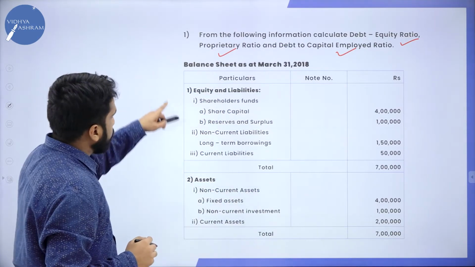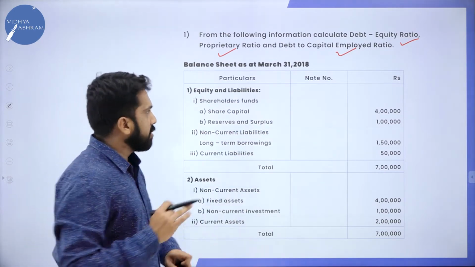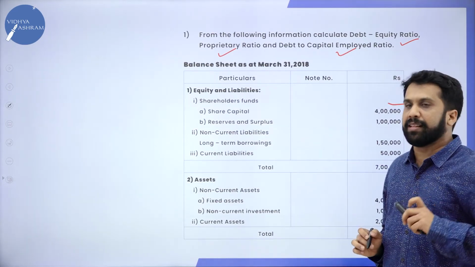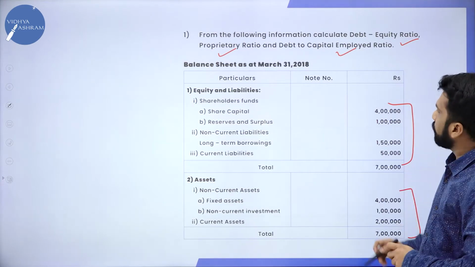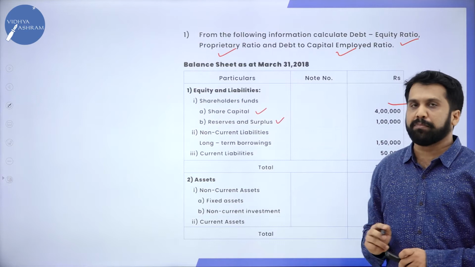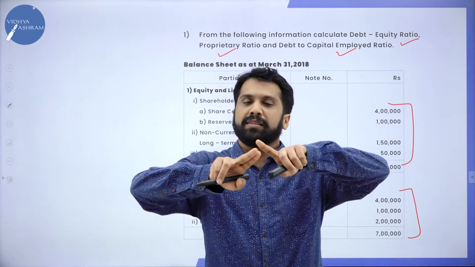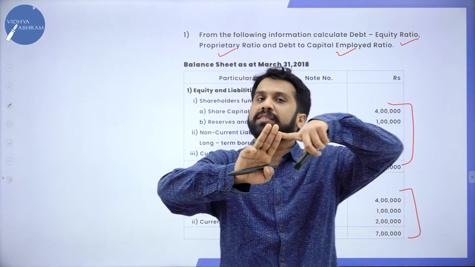Now, these are the balance sheet. Try to remember the numbers. So what is your total liability? 7 lakh. What is your total asset? 7 lakh. Now remember you have share capital and reserve and surplus. For shareholders fund, which are 3: capital, reserve, surplus. These 3 we call as shareholders fund.